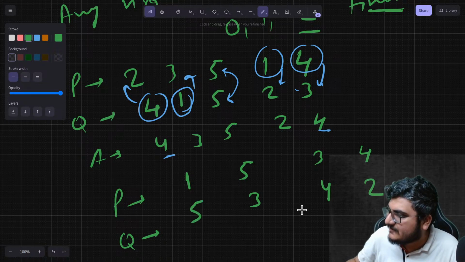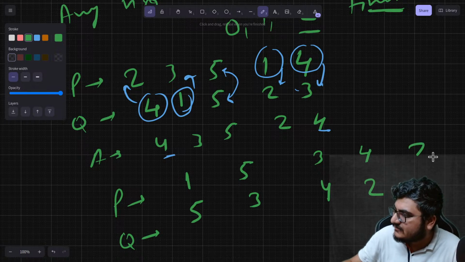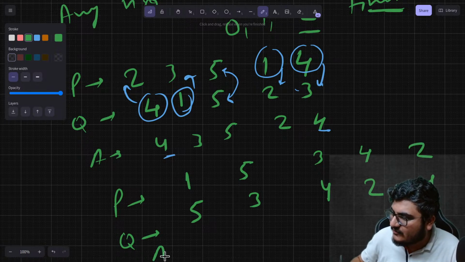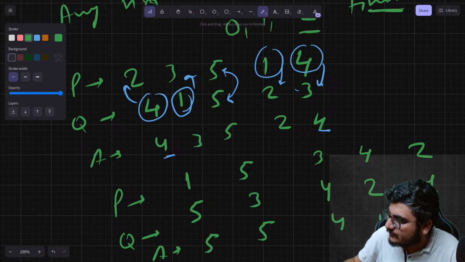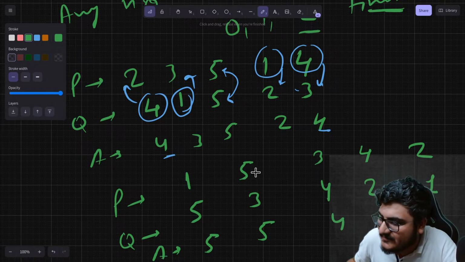What is the missing element? 1, 2, 3, 4. 2 is missing here and 1 is missing here. So overall A in this case you will get is 5, 5, 4, 4, 2. So some elements appear 0 times, some numbers appear 1 time and some numbers appear 2 times.